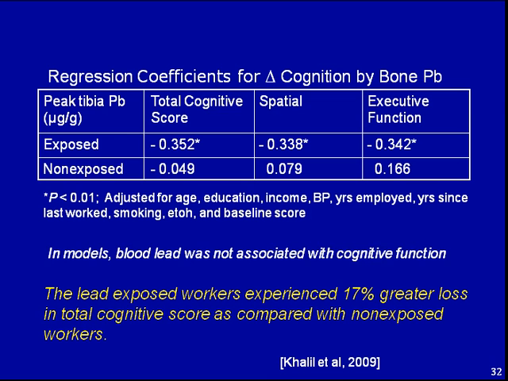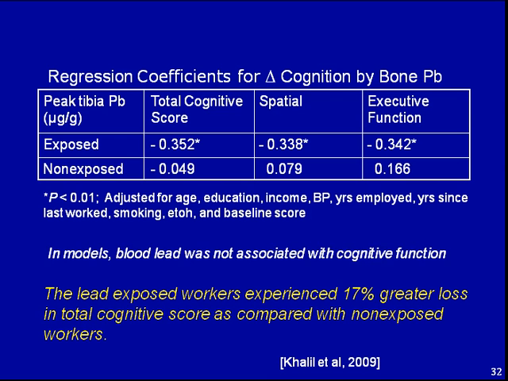In the non-exposed group, these are individuals who were controls, who were not lead workers, that significant relationship of bone lead with a decline in cognitive function was not detected.